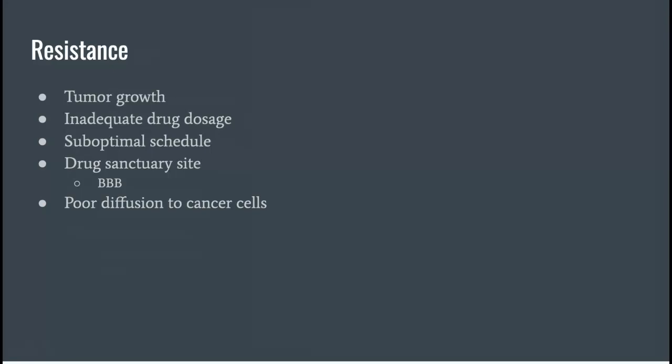One is tumor growth that can influence the resistance if it's continuously growing past what the treatment is allowing for. Inadequate drug dosage, suboptimal schedule, drug sanctuary sites such as having to cross the blood-brain barrier, and poor diffusion to cancer cells.